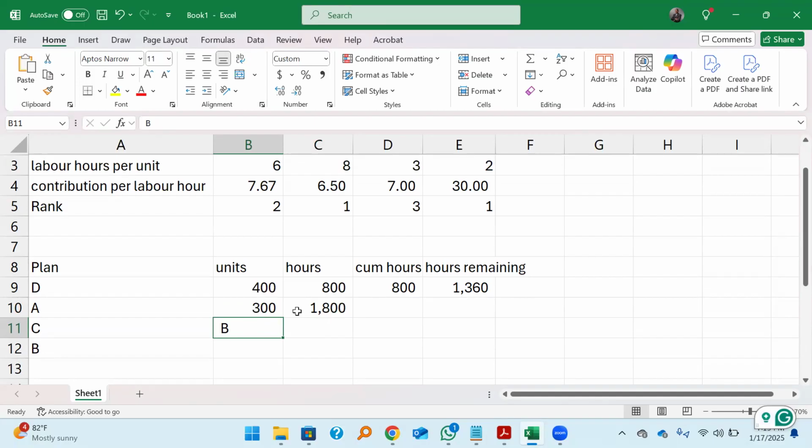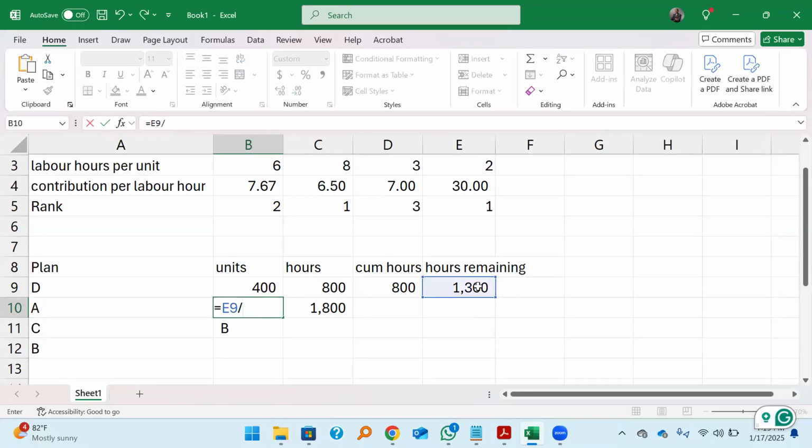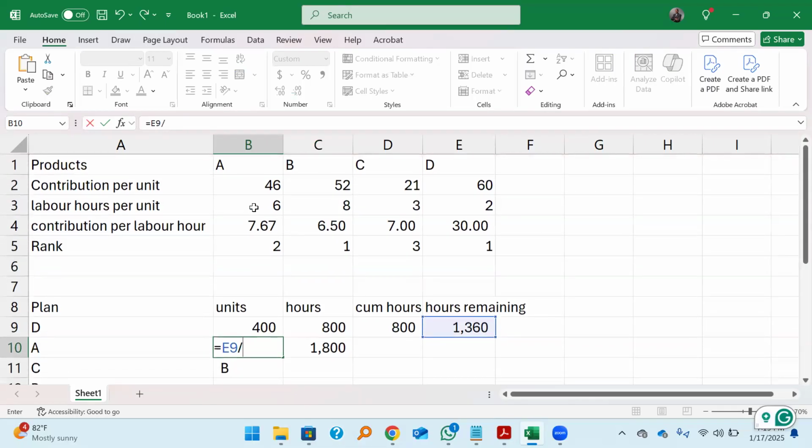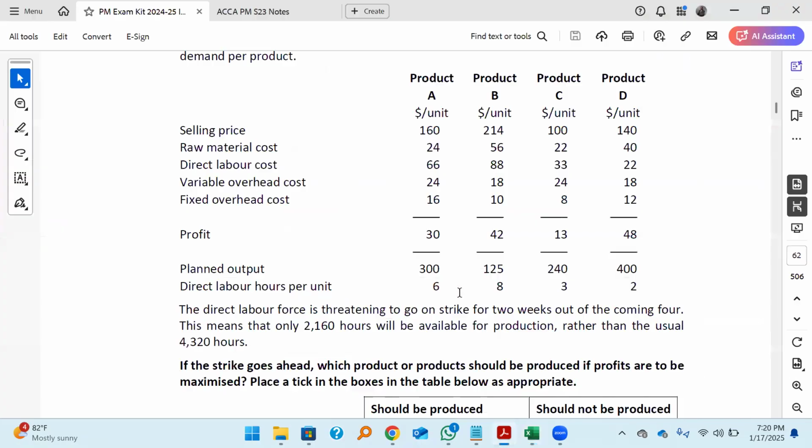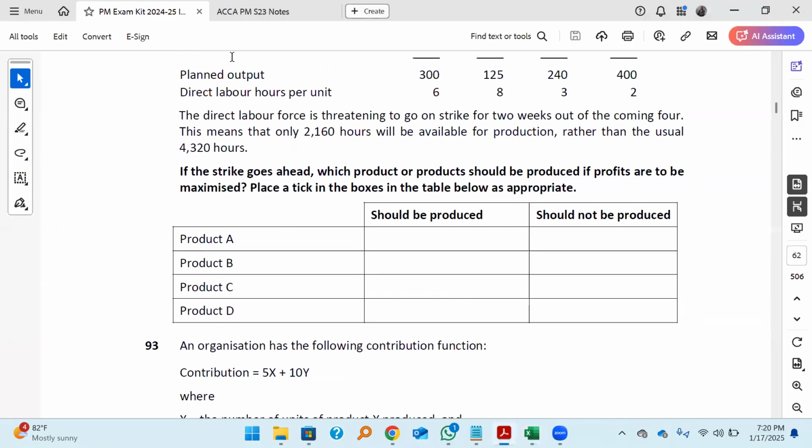So in actual sense, what we need to produce is 1,360 divided by 6, so we are only going to make 227 units. At this point, you can just stop here and answer your question, because you can't make any other products. You just say I'm going to make A and D, whereas these ones I'm not going to make, and move on. But just because we are learning, let us finish the whole thing.